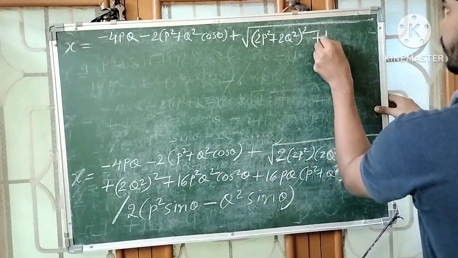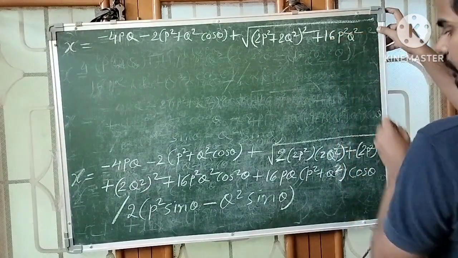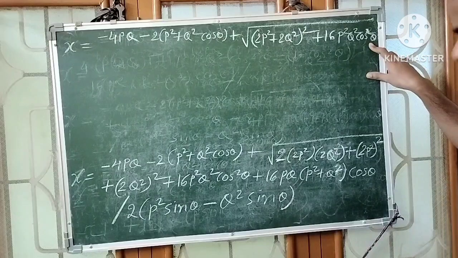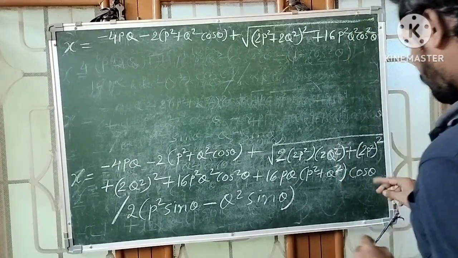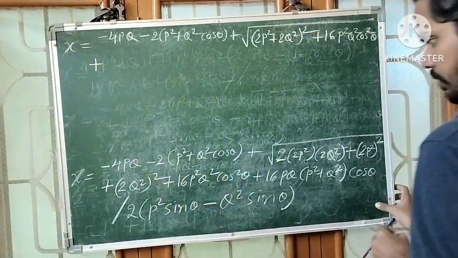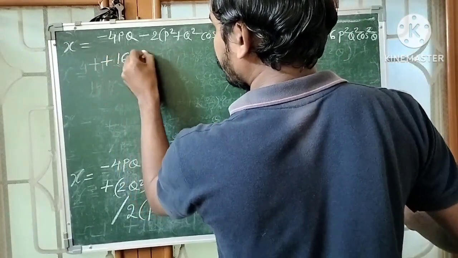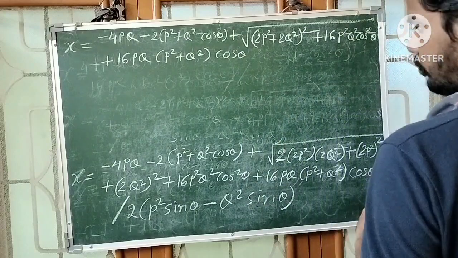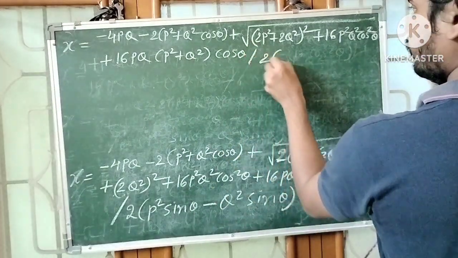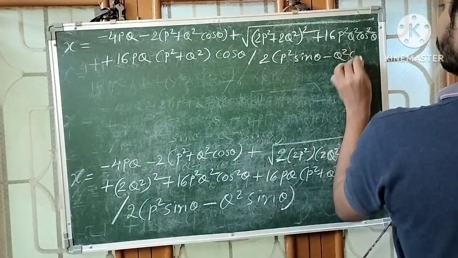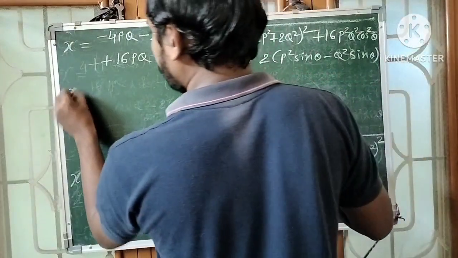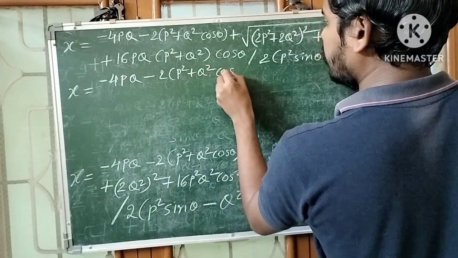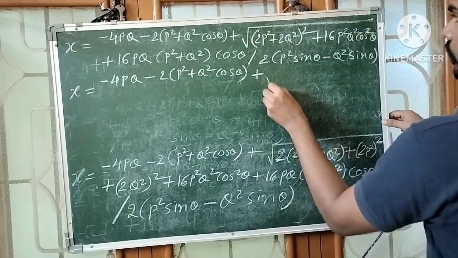So next steps, plus 16 p square q square cos square theta, plus 16 pq into p square plus q square cos theta, whole divided by 2 into p square sin theta minus q square sin theta. x is equal to minus 4pq minus 2 into p square plus q square cos theta plus root over.